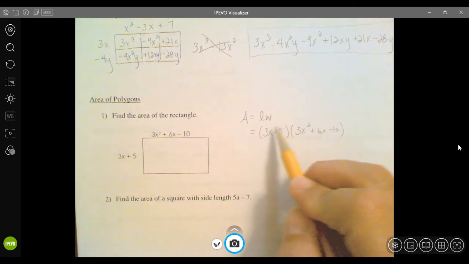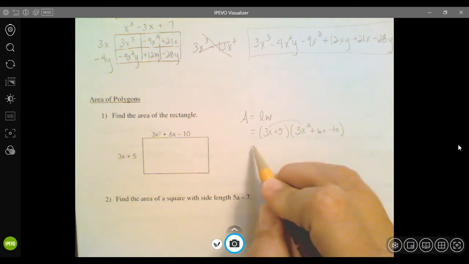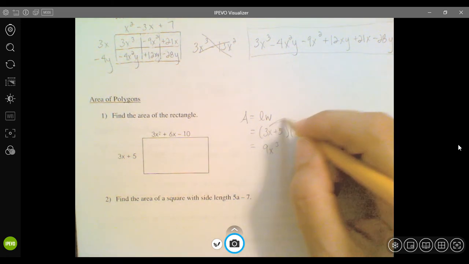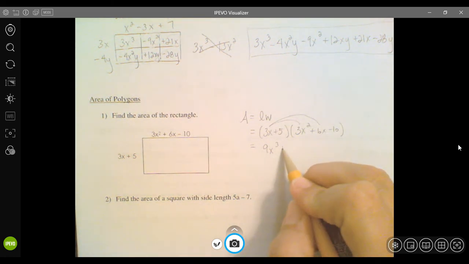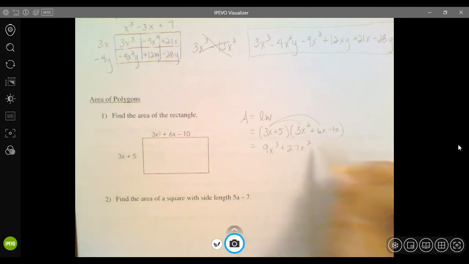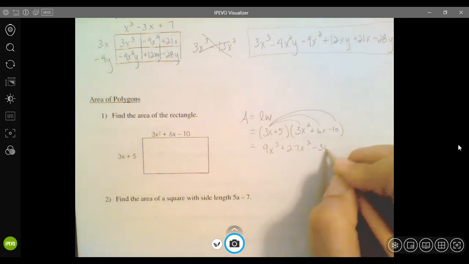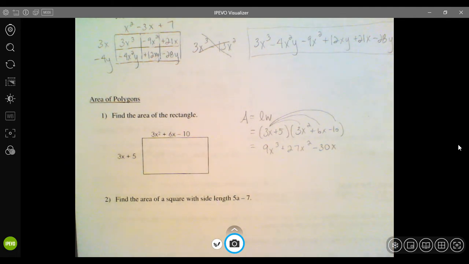And for this one, I'm just going to take 3x times 3x squared. That's 9x cubed. 3x times 6x is 18x squared. 3x times negative 10 is negative 30x. So I'm distributing everything.